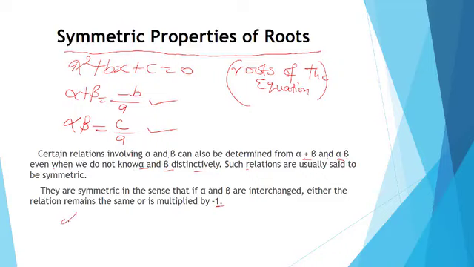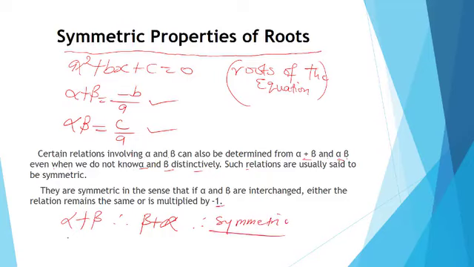For example, if I said a plus b is the same thing as b plus a, then they are symmetric. This is symmetric because even if you interchange them, your value is still the same.